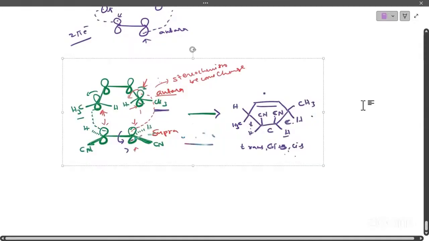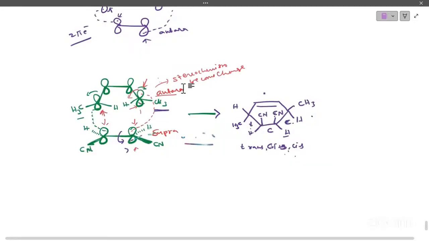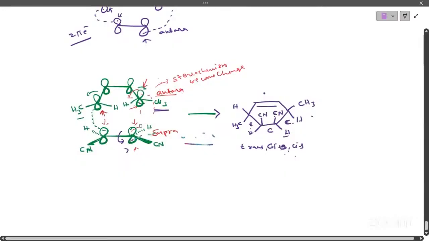Then here it is already involved. Therefore, you can delete it.